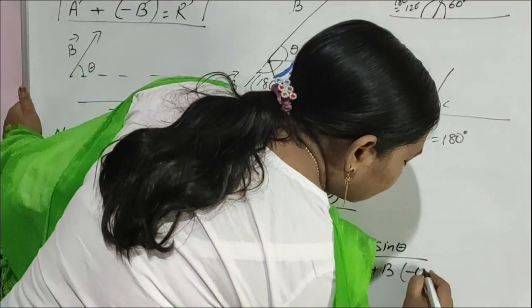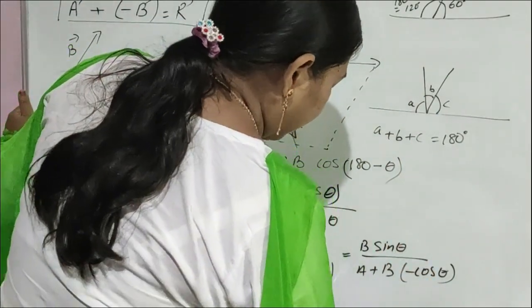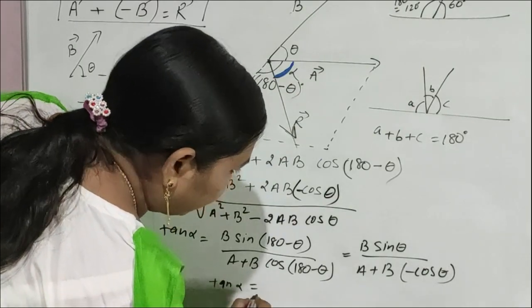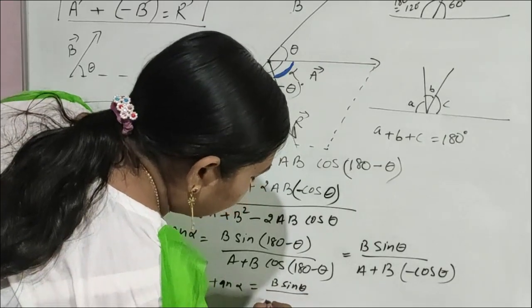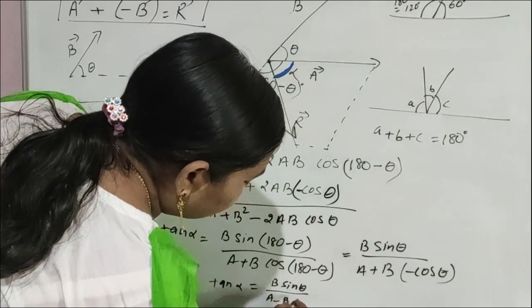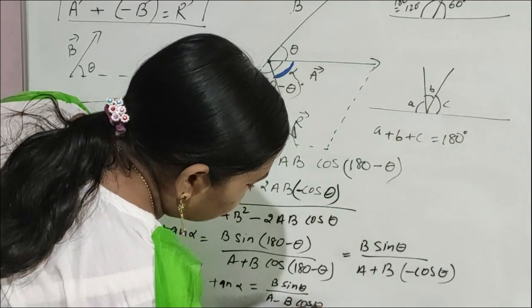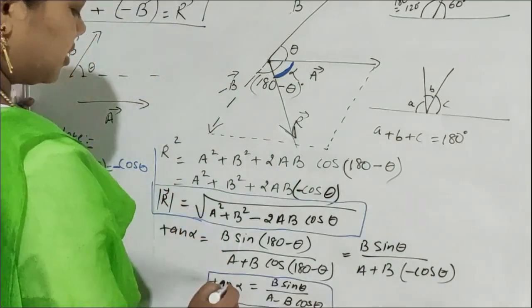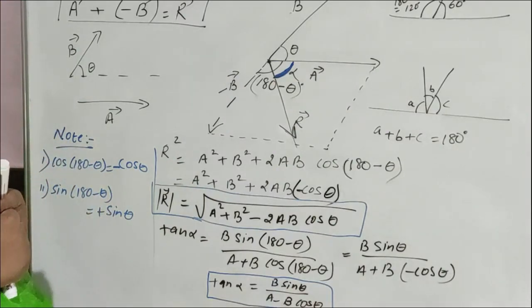So tan alpha is equal to B sin theta by A minus B cos theta. Is it visible to you? This is the magnitude and this is the direction of the resultant vector r. Clear, children? Please note this down.